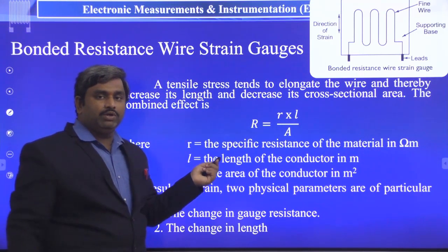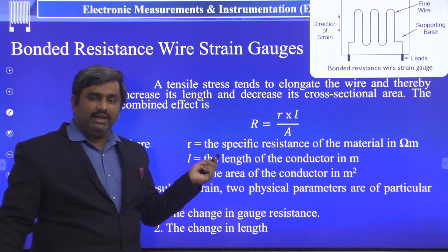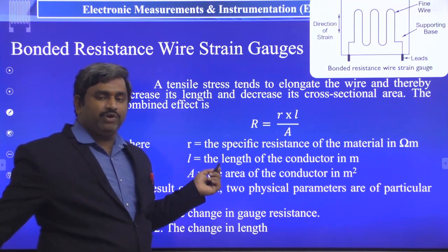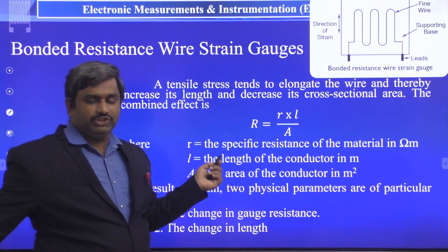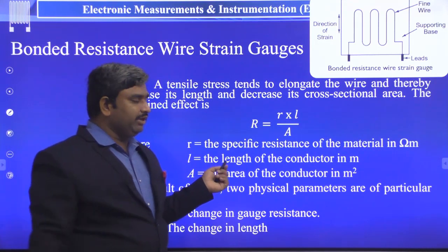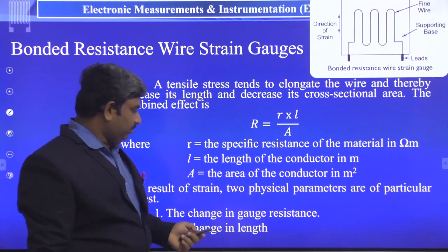So this is the resistivity, length, area relationship for bonded or unbonded strain gauges. In the bonded strain gauges, we are learning this formula.